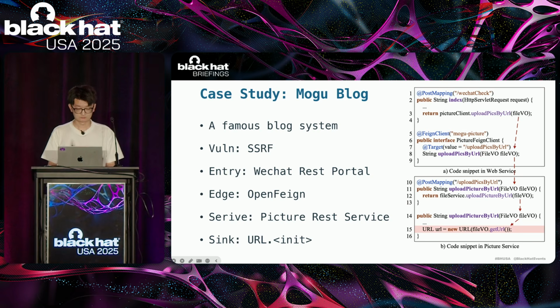This input reached the URL constructor, URL.init, without any proper checks, making the system vulnerable to SSRF attacks. MScan was able to automatically detect this serious issue with its advanced context-sensitive analysis. Together, these case studies highlight how effective our method is in spotting real-world vulnerabilities across microservice applications.